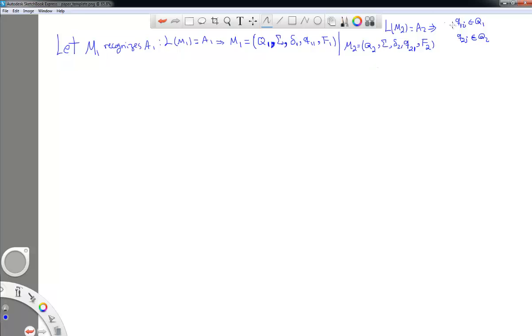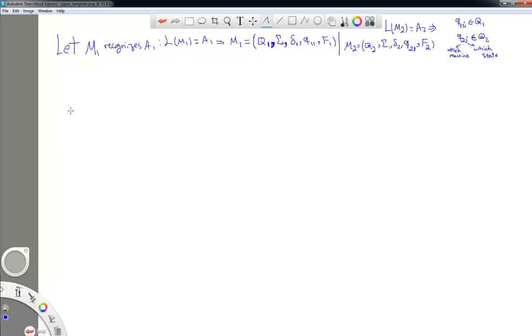So you see here Q11 is the start state of the first automaton, and Q21 is the start state of the second automaton. So these are my two automata that recognize my original languages.